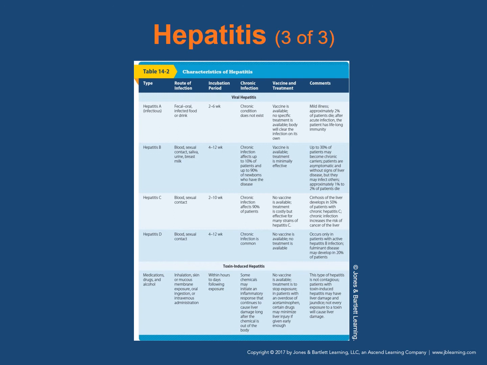So fecal matter gets on food that is eaten. It is not a chronic condition, and there is a vaccine available. Hepatitis A, the body actually clears the infection on its own. So if you're going to get an A on a test, the hepatitis test is the one to get the A on.